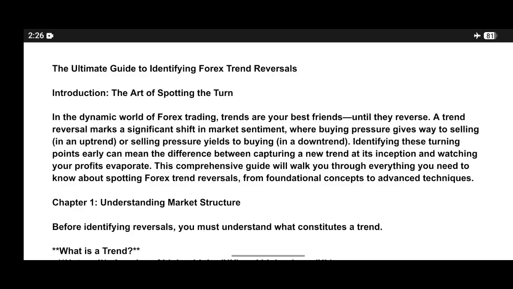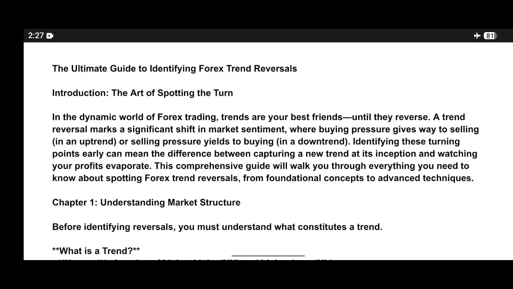Identifying these turning points early can mean the difference between capturing a new trend at its conception and watching your profit evaporate. This comprehensive guide will walk you through everything you need to know about spotting forex trend reversal, from foundational concepts to advanced techniques.